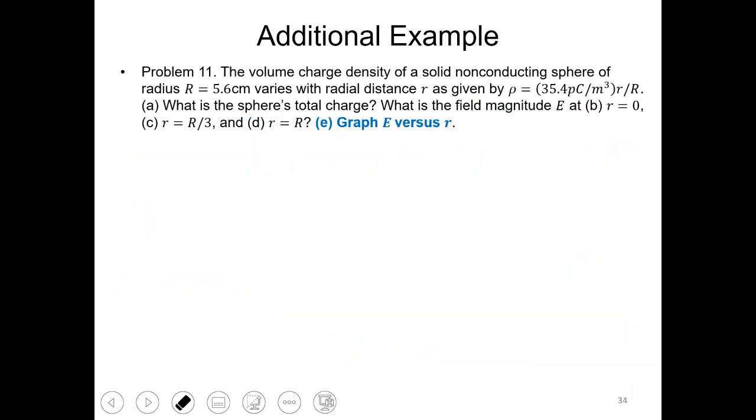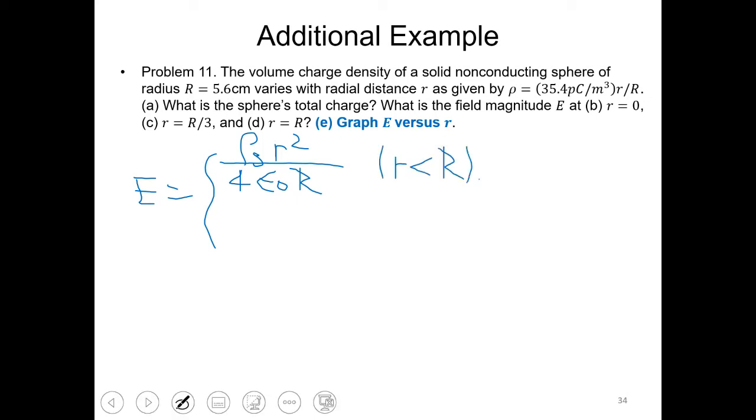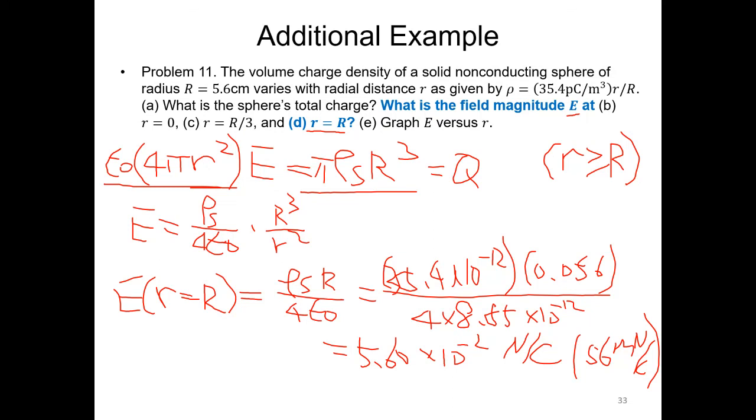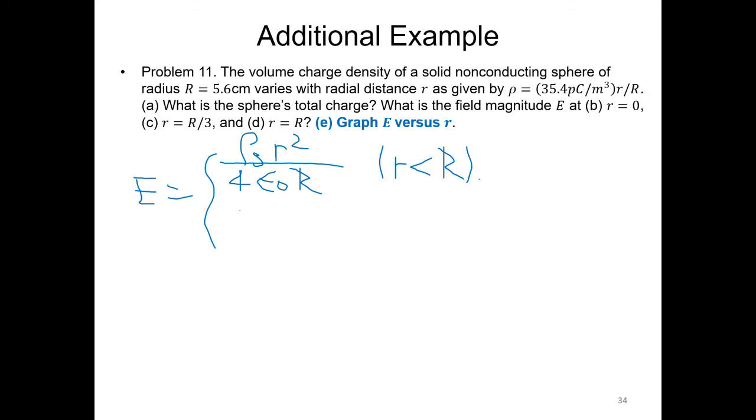At this stage, I can write E as rho S times r squared over 4 epsilon naught R, for r smaller than R. And in this other case, E is rho S times capital R cubed over 4 epsilon naught small r squared, for r larger than or equal to R.